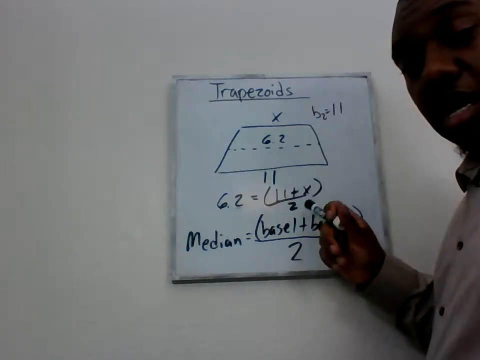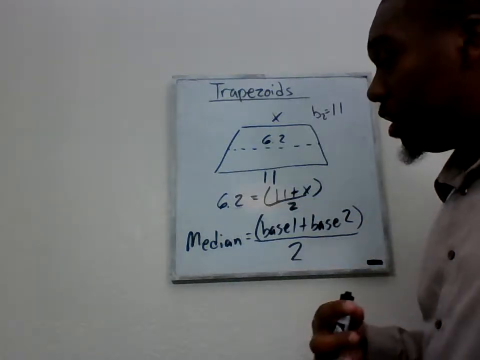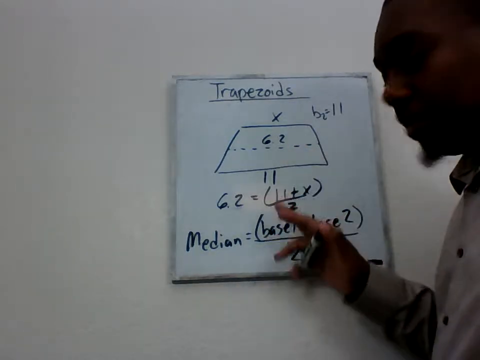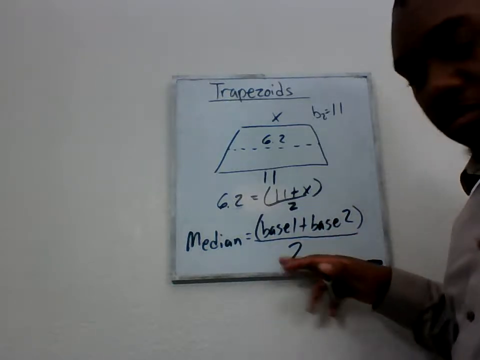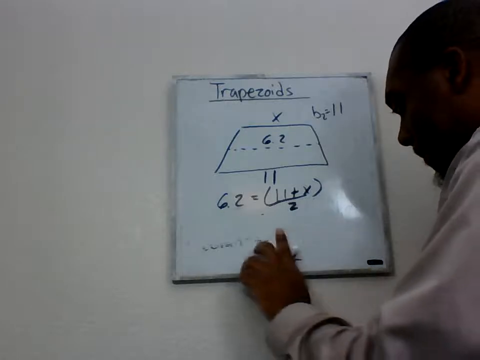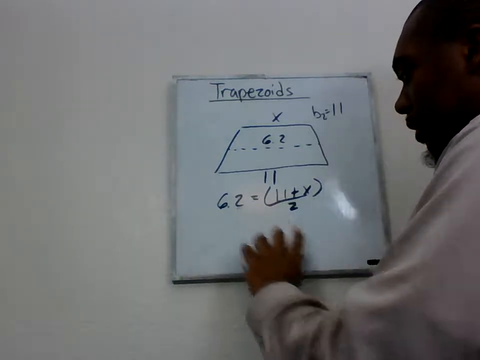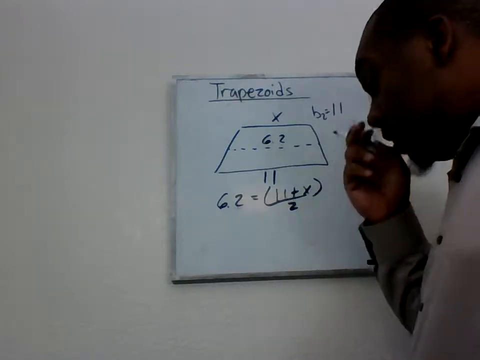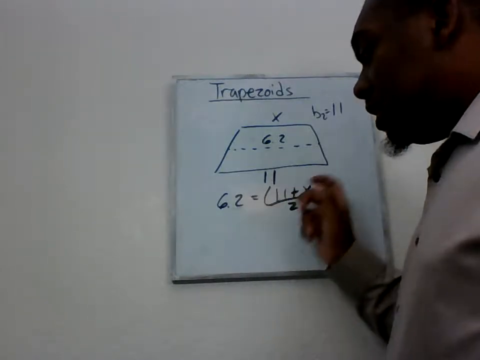So I'll do it using the algebra method since it's what we've been using most often. If you want to use it, we'll do both actually. So if I want to solve for x, I'll erase the formula down here because we won't really need it anymore. Okay. So if we were to solve for x, we would multiply both sides by 2 to get rid of the 2, because we need to get inside the parentheses.